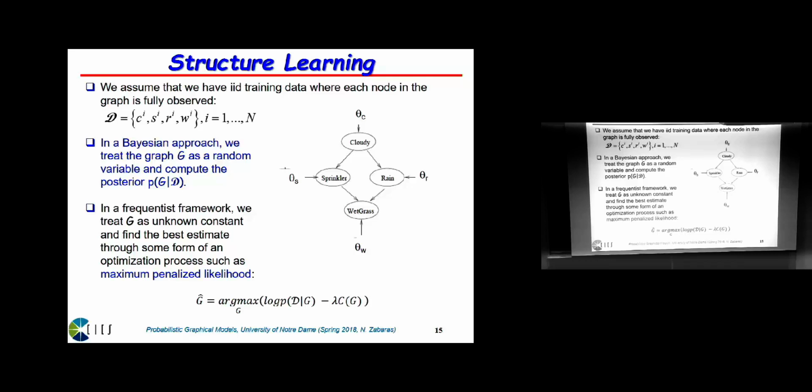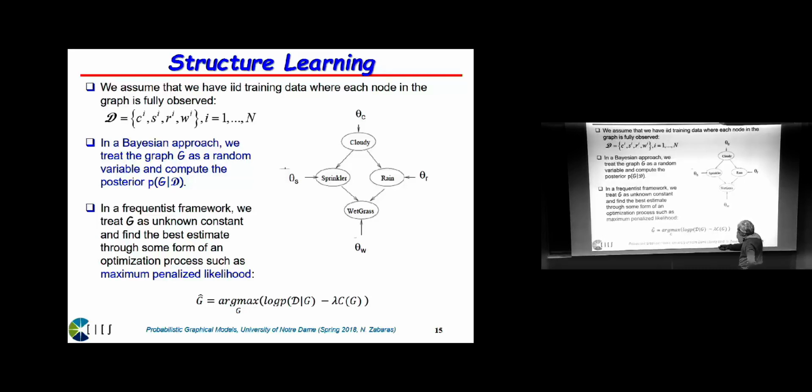This problem is effectively posed as a structural learning problem, and think of it as follows. For every graph G, you can get the log likelihood of the data, all right? So the problem here is to find the graph G that maximizes the log likelihood of the data. For each graph, like this graph, for example, you can go and calculate this, okay?